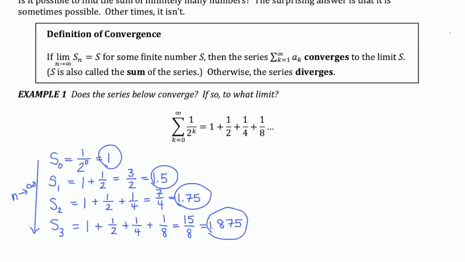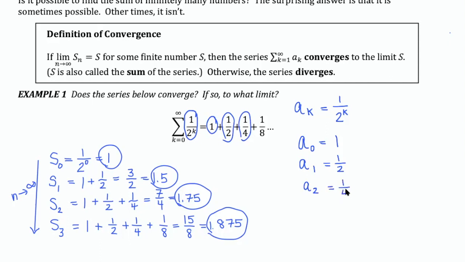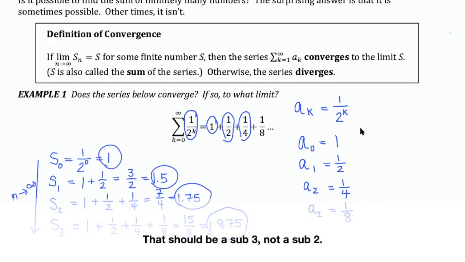To explain the idea, I'll go back to this first example. So this series is based on the sequence a sub k is 1 over 2 to the k power. So if I list the terms, a sub 0 is 1 over 2 to the 0, which is 1. The next term would be 1 over 2, or 1/2. I can see the individual terms right here. And then the next term is 1/4, and then the next term is 1/8.